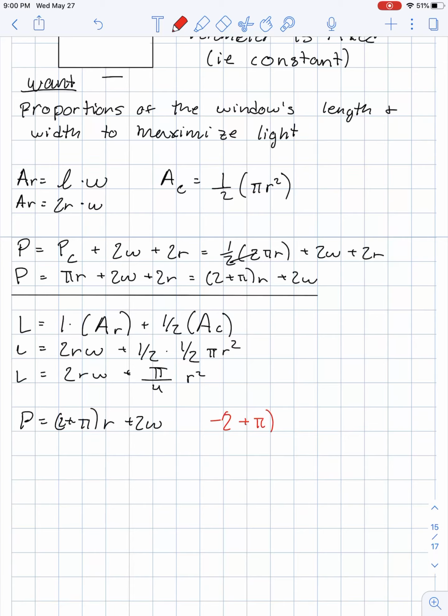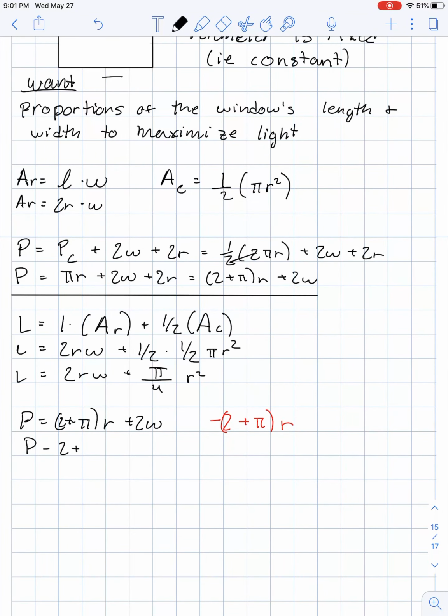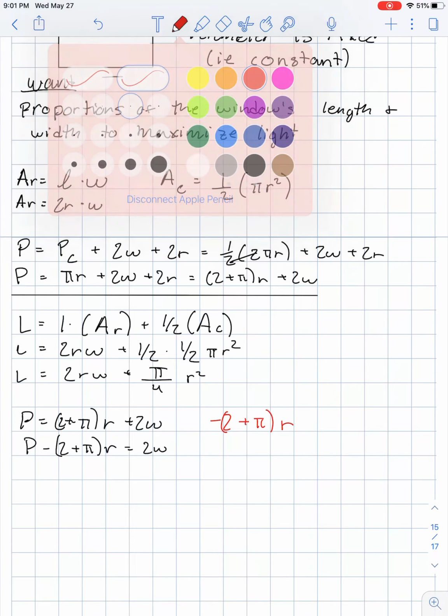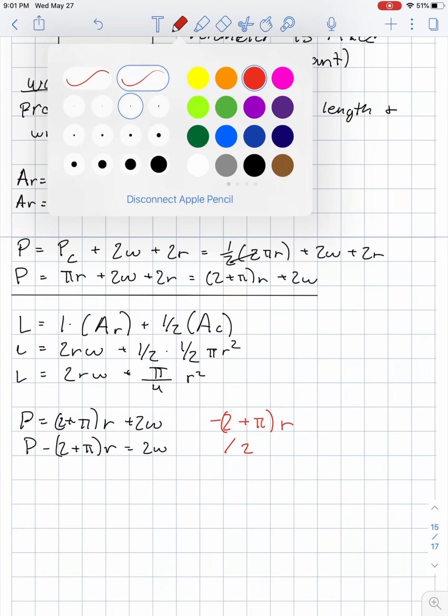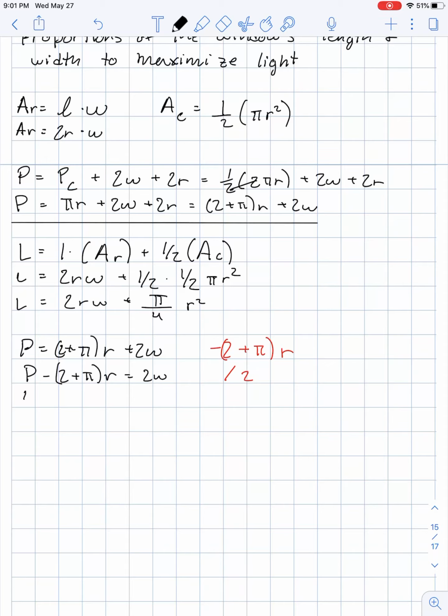Subtract 2 plus pi R. So that I get P minus 2 plus pi, parentheses, R equals 2W. And then we are going to divide by 2. And then, so I get 1/2 P minus 2 plus pi R equals W. So now I'm going to take this W and plug it in up here.